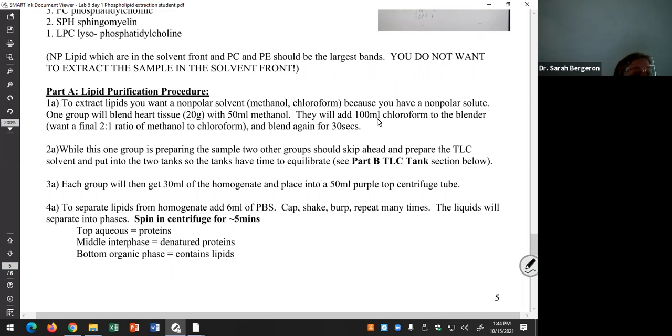Then they're going to add 100 milliliters of chloroform to a final ratio of 2 to 1. While they're doing that, the other groups are going to skip ahead and start preparing their tanks, right? So whoever decides to blend, the other groups are going to help out that group, right? So if somebody gets to make the smoothie.